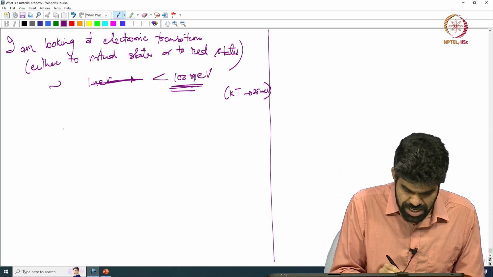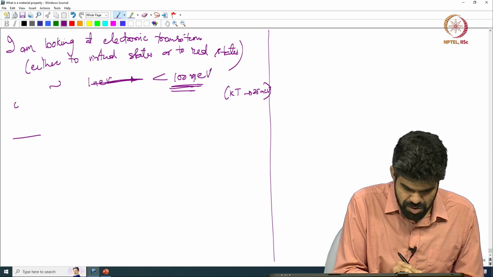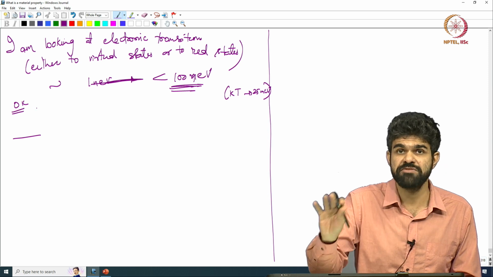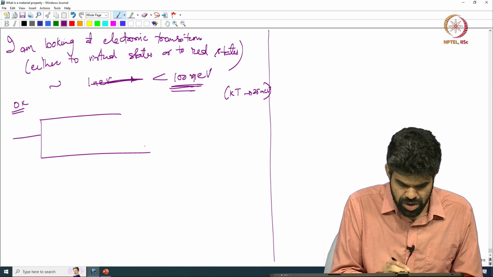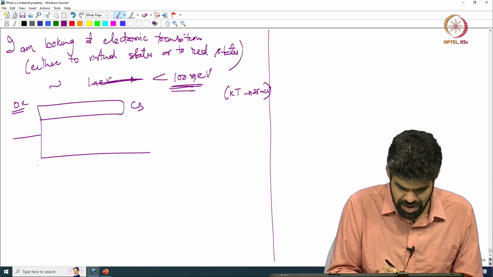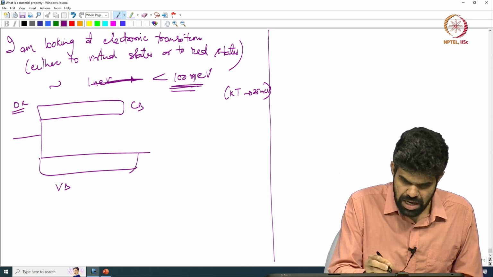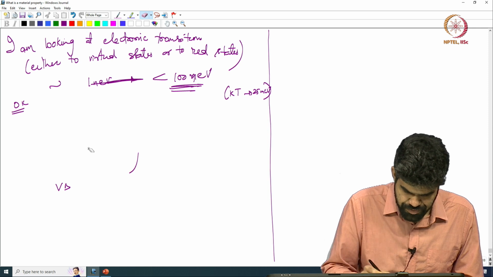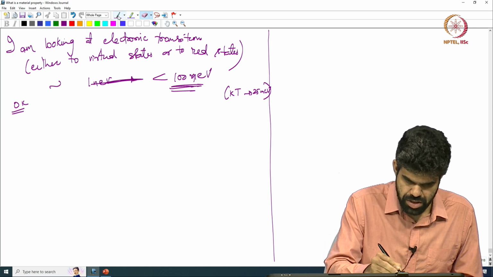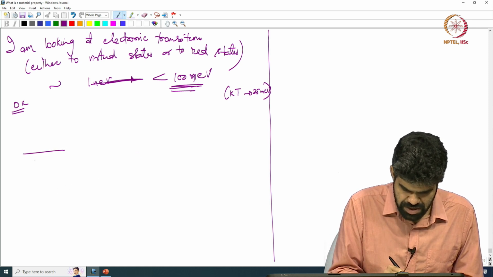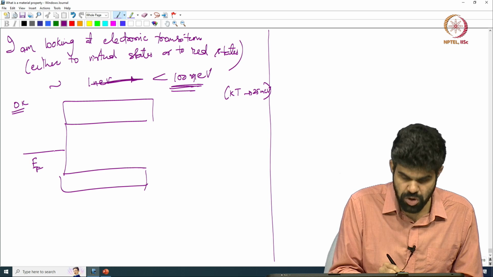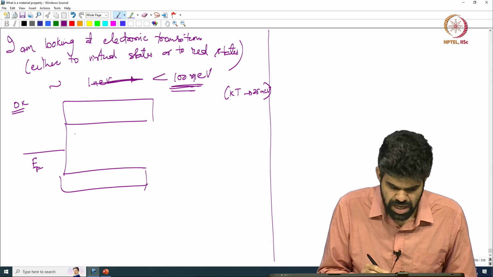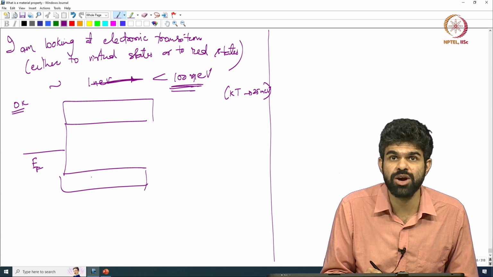So, essentially, I said if I am doing this experiment at 0 Kelvin, I am getting rid of the thermal oscillations. At 0 Kelvin, this is my conduction band, this is my valence band. This is my Fermi level EF of an electron that I want to inject, or I am just going to excite the already existing electron.